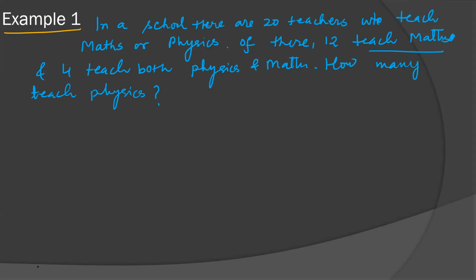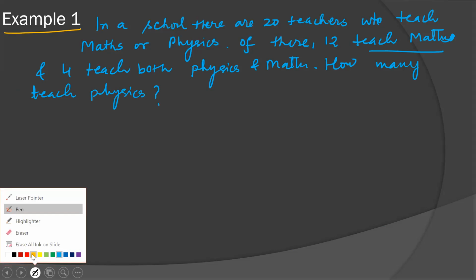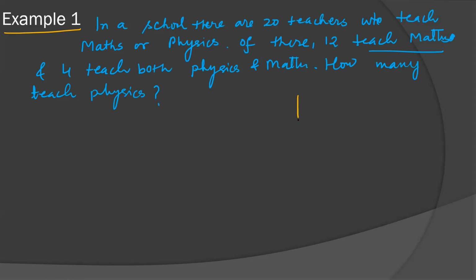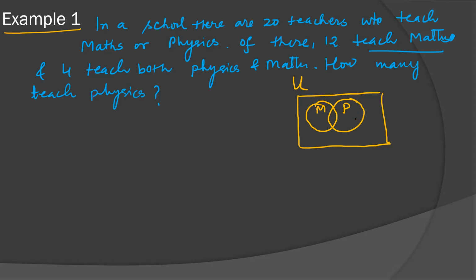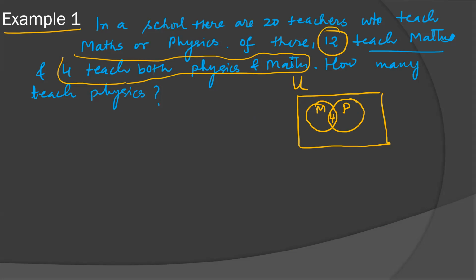You can see that I am taking two sets here, physics and math. If you draw the picture here, always draw the intersection part first. This is your universal set, this is your math set, and this is your physics set. You can see that 4 teach both. It means this is the intersection part, so we put 4 here. Now, 12 teach math, which means 4 are already included in the math portion.